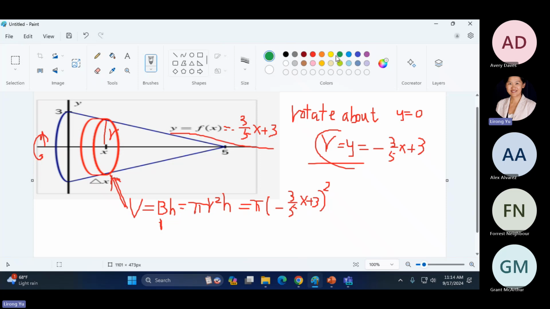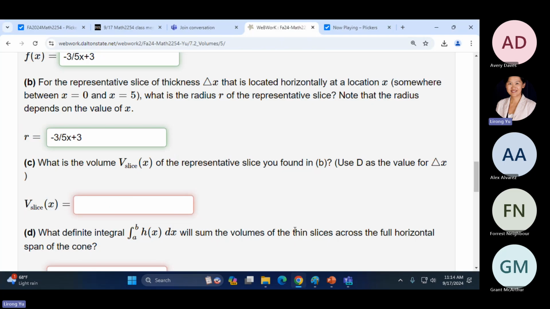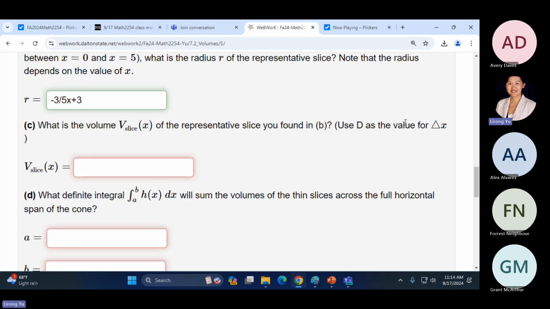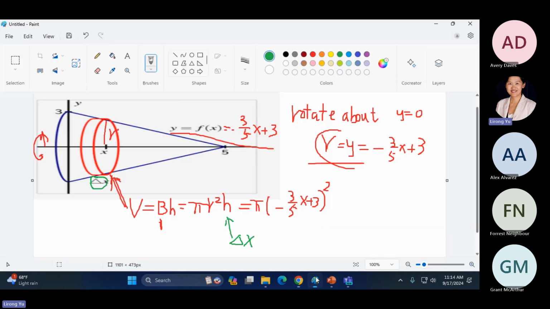That's actually the delta x, so h is equal to delta x. That's the thickness of the cylinder. But I wonder how we put it in words? It says use d for delta x, so it's going to be d.